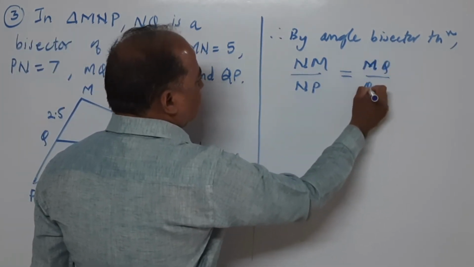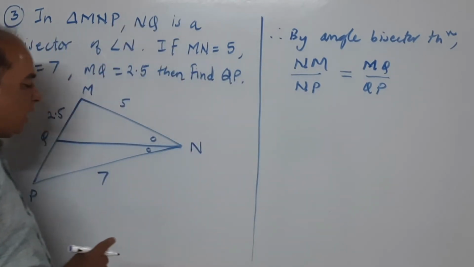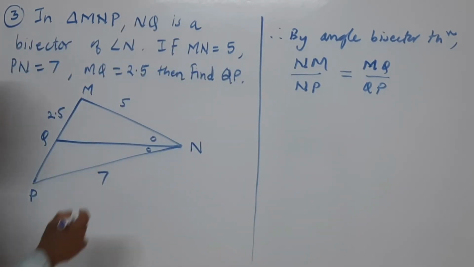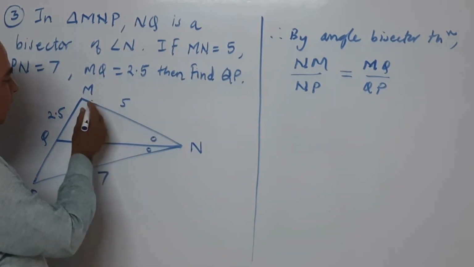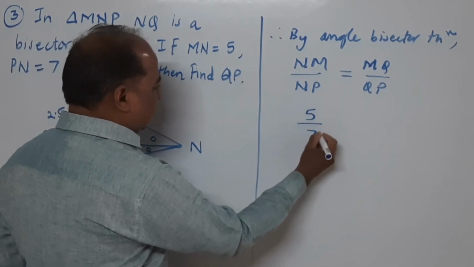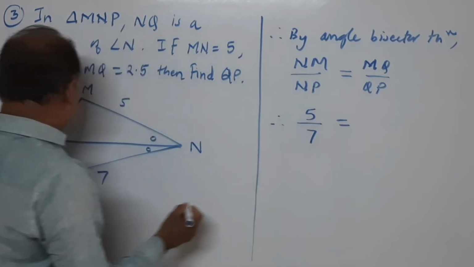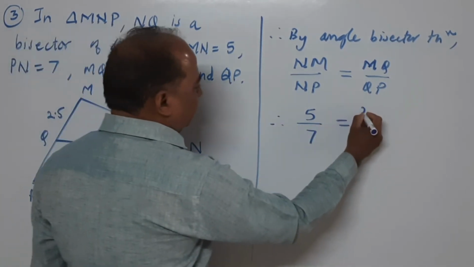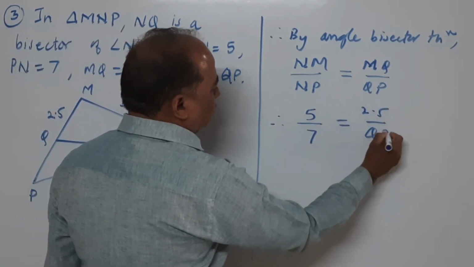Substituting the values, 5 upon 7 is equal to 2.5 upon QP.